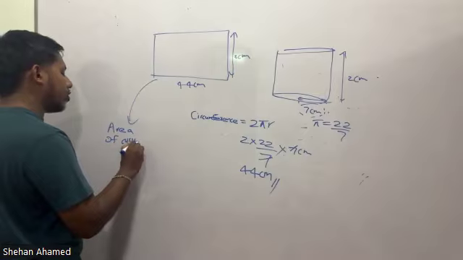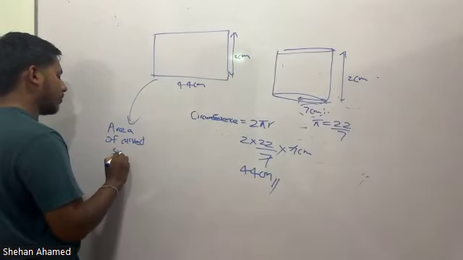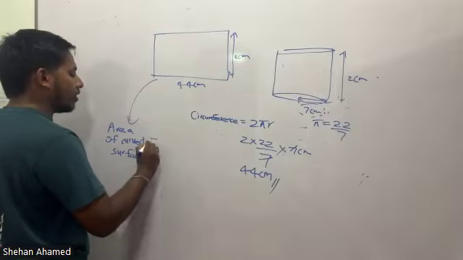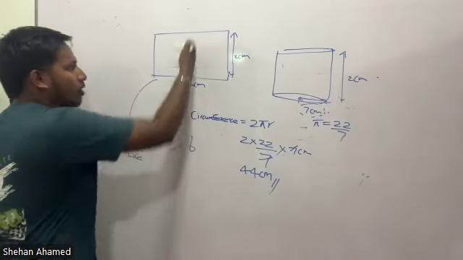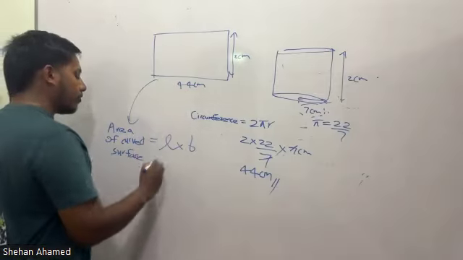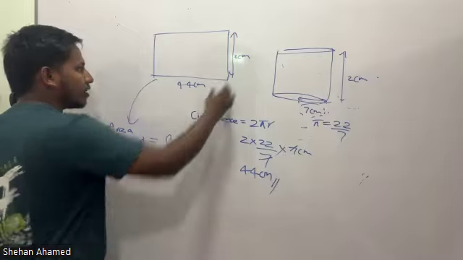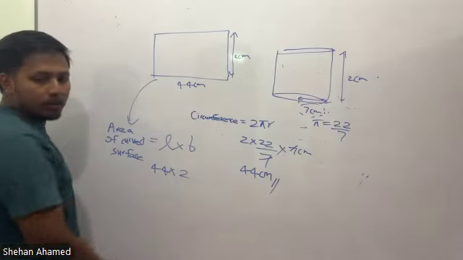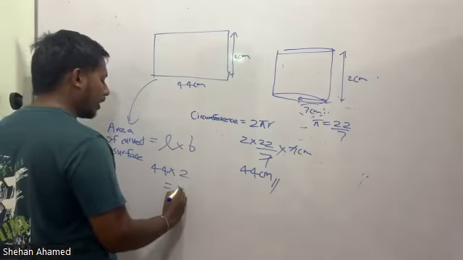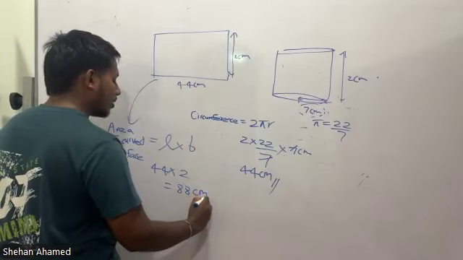So the area of the curved surface is length multiplied by breadth, because this is a rectangle. Length is 44, breadth is 2. 44 times 2, the answer is 88 centimeters square.